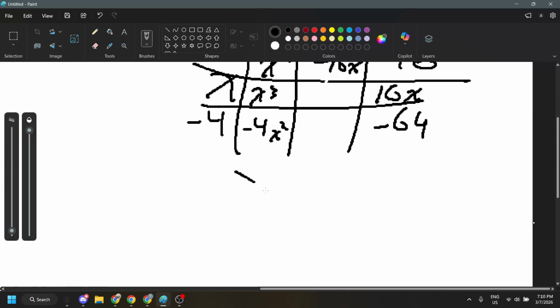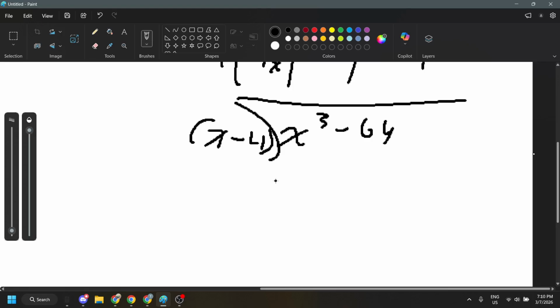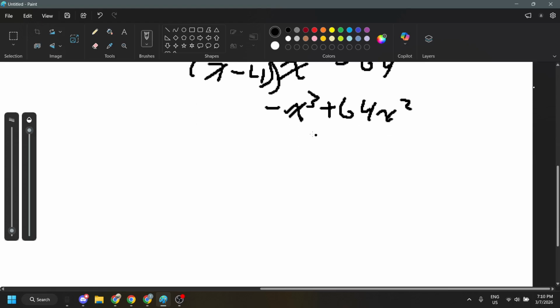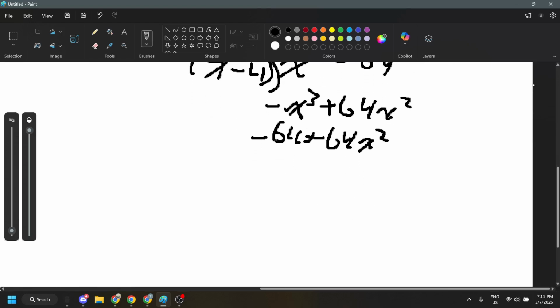Let's do long division. Multiply by x squared. We get x cubed minus 4x squared. No, sorry. Minus x cubed minus 64 would be plus.